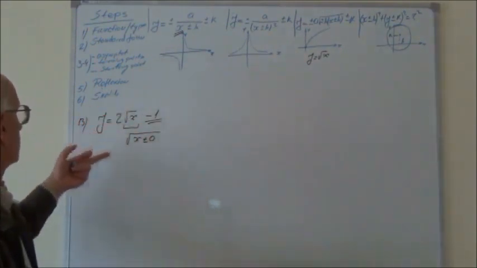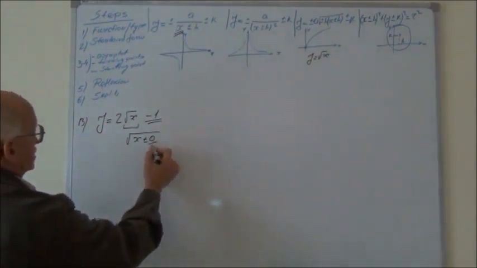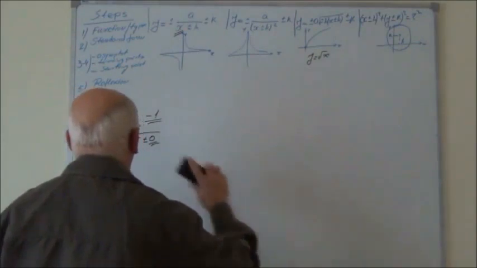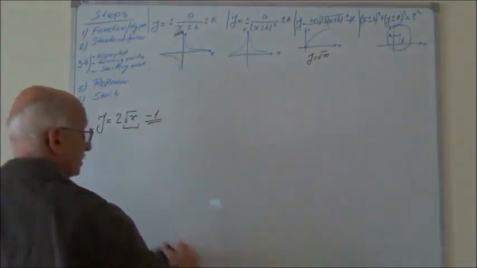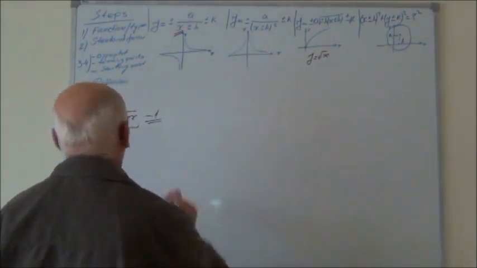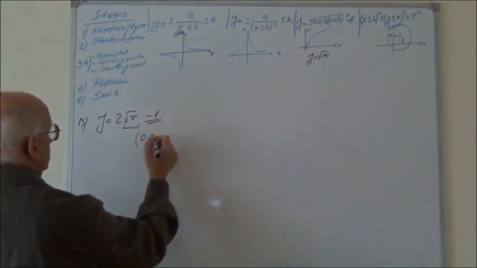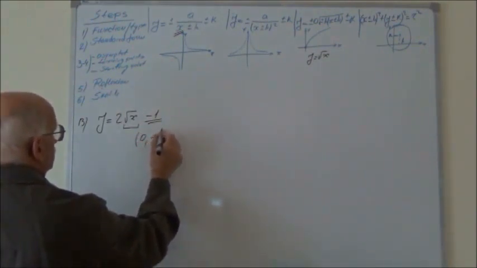This is the same thing, and of course now we can see that horizontal translation is 0. Anyway, the coordinates of our starting point will be 0 and minus 1.